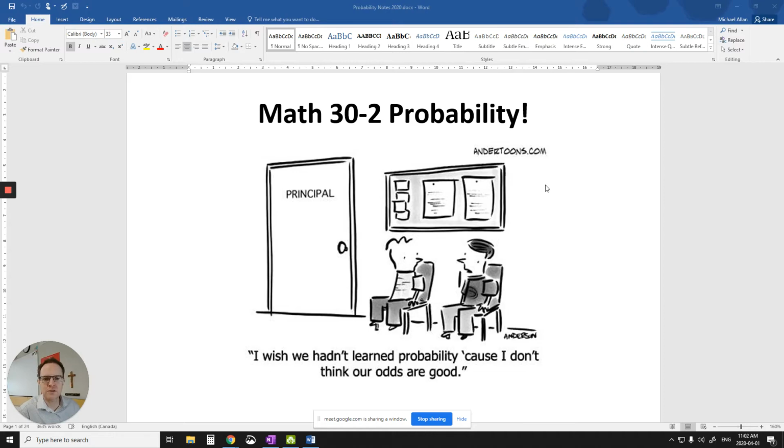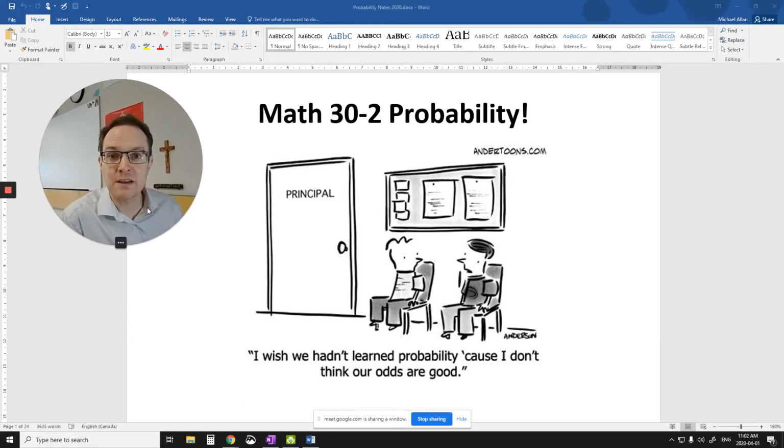Math 30-2. So we're going to continue with our next chapter, continuing this unit. So this unit's all about probability. It's going to tie in closely to our Venn diagrams from the previous chapter and our permutations and combinations in the chapter before that. So that's why this is chapters 1, 2, and 3, if you're following along with the textbook.